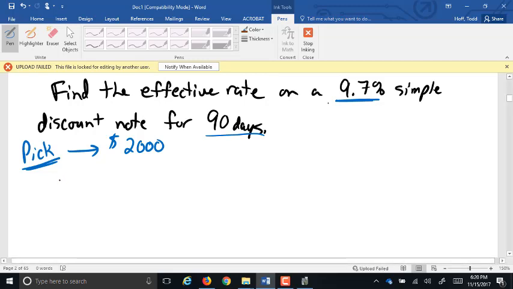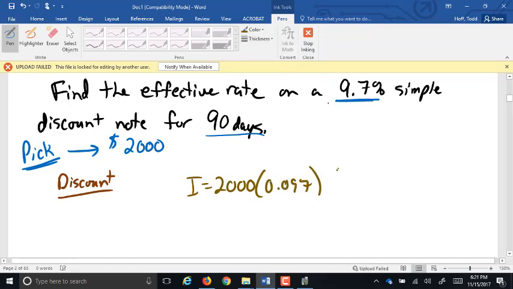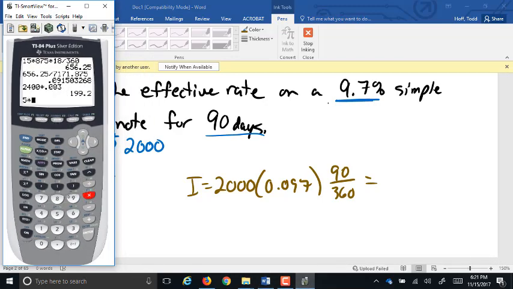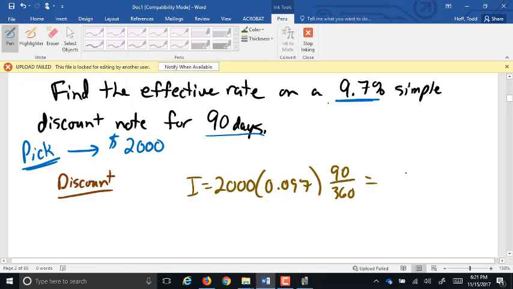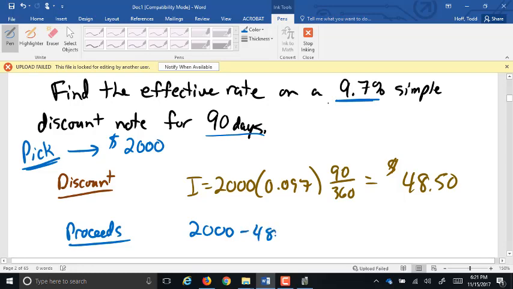So our discount, now this discount is totally arbitrary because we made up the $2,000, but it's going to be $2,000 times 0.097 times 90 over 360. You are correct, $48.50. So then from that, our proceeds would be 2,000 minus 48.50, or $1,951.50.